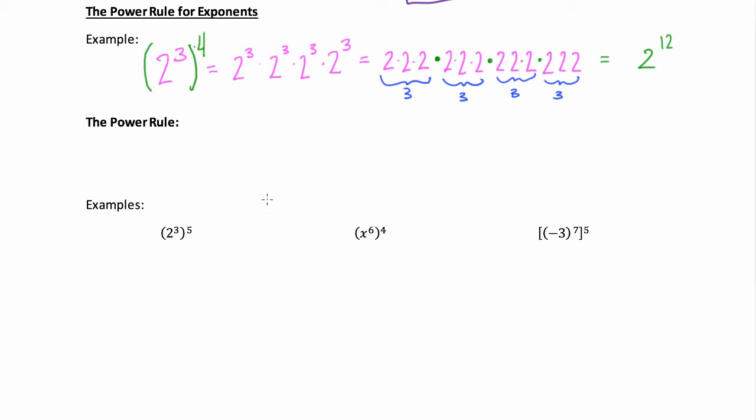So my general rule here says that if I have some base a to the power of m, and then that whole thing is raised to the power of n, my result is a to the power of m times n.